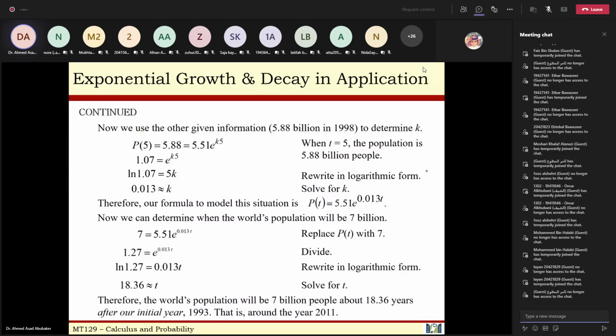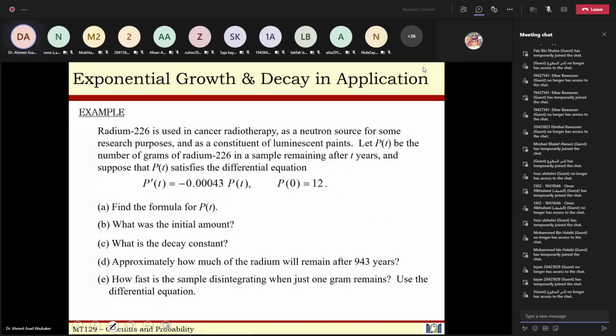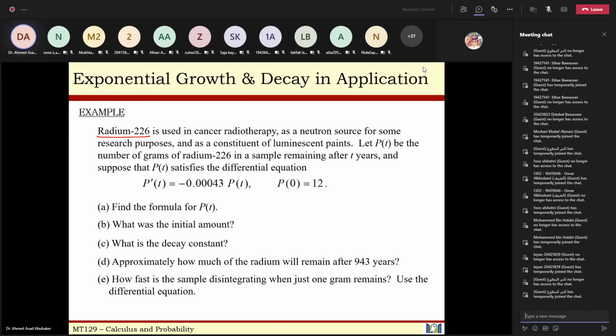The last example has application in growth and decay. We have radium 226, which is used in cancer treatment.